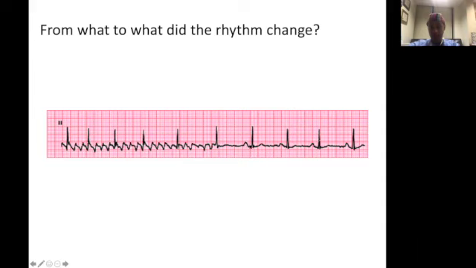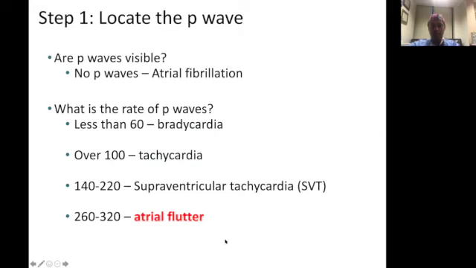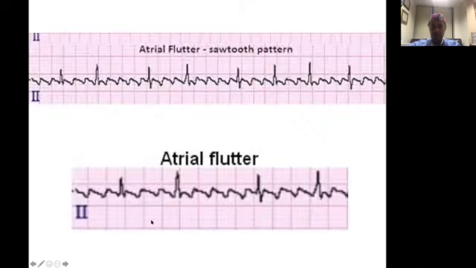You have P wave, QRS, T. P wave, QRS, T. P wave, QRS, T. So I would say this part is normal, but this part, as you said, you have a lot of P waves before you have a QRS. So when you recognize that abnormality, that's called atrial flutter. When you have P waves that are over 260 times a minute, then that is classic for atrial flutter.